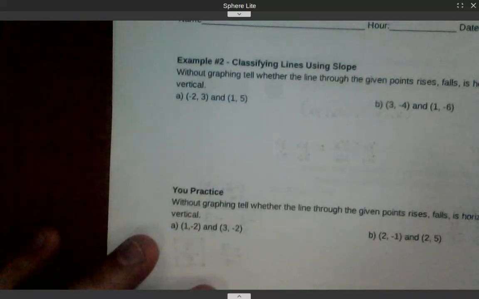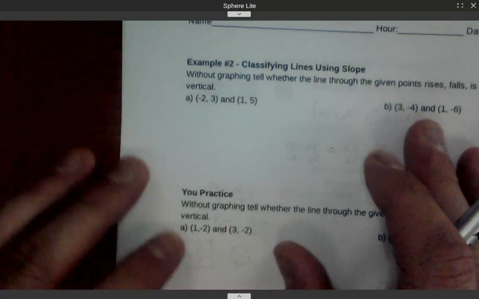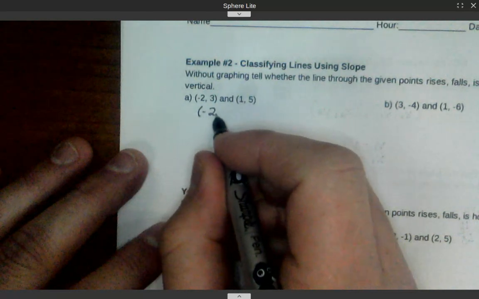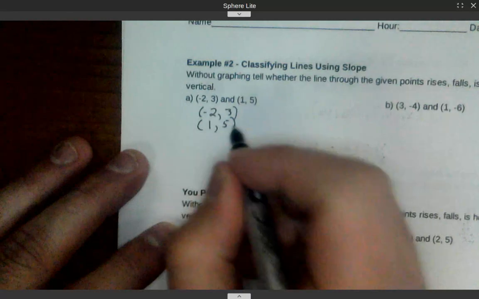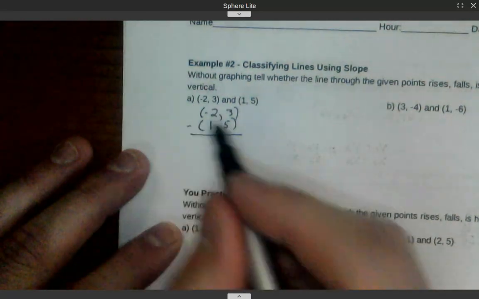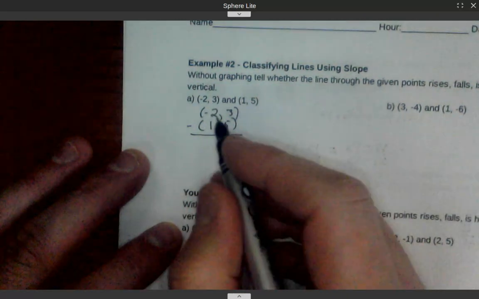So let's look at an example. Without graphing, tell whether the line through the points rises, falls, is horizontal, or is vertical. So what we have to do is find the slope between these two points. I know it's probably not something that you've seen before, but I really like doing this method because my y's are lined up, my x's are lined up, and that way I'm not messing things up.